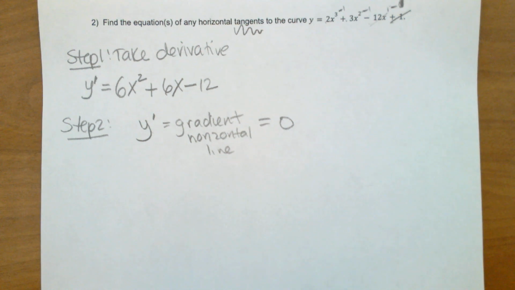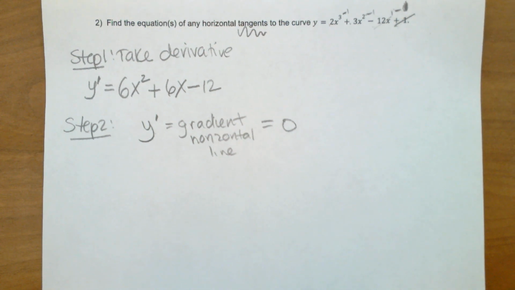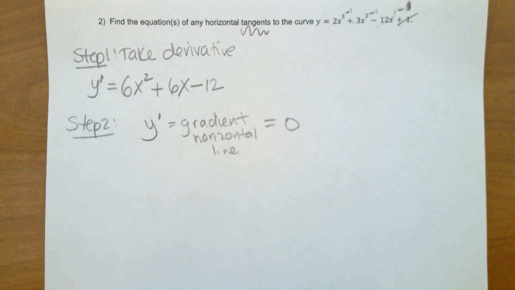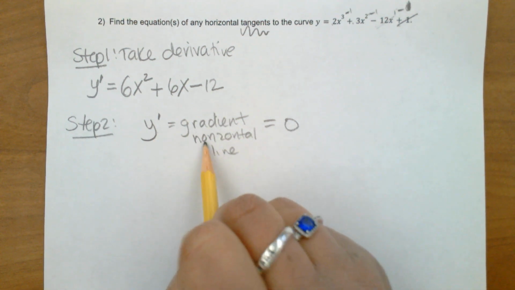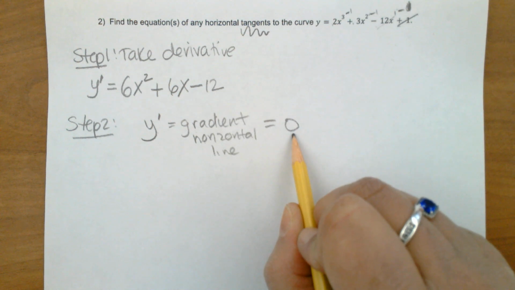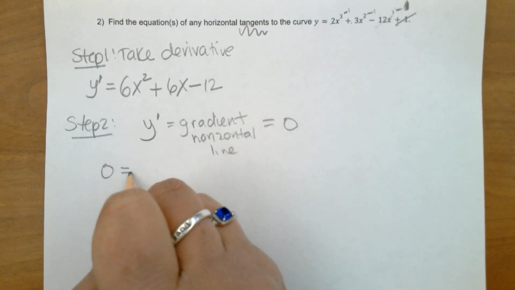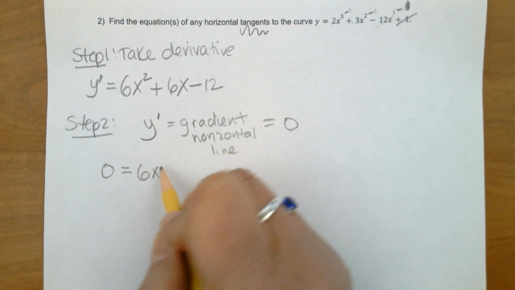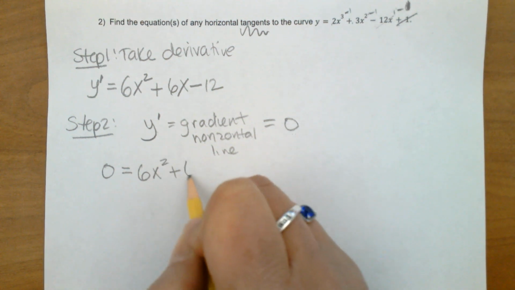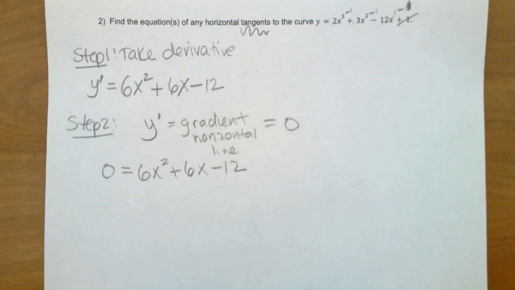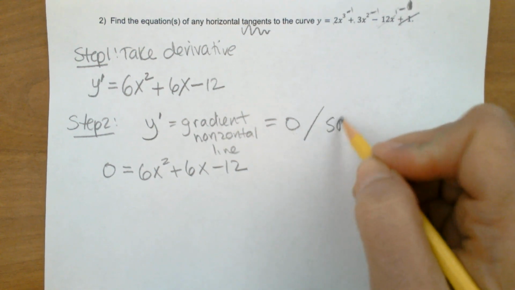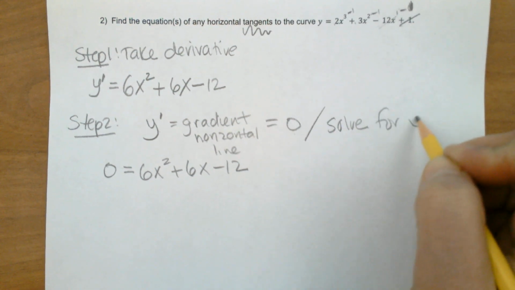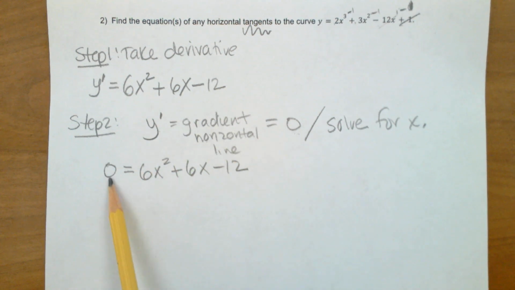If we wanted vertical, the slope of a vertical line is undefined, so it's going to have to be horizontal here. So step 2 is to substitute 0 in for y prime, and step 3, or actually part of this, is to solve for x.